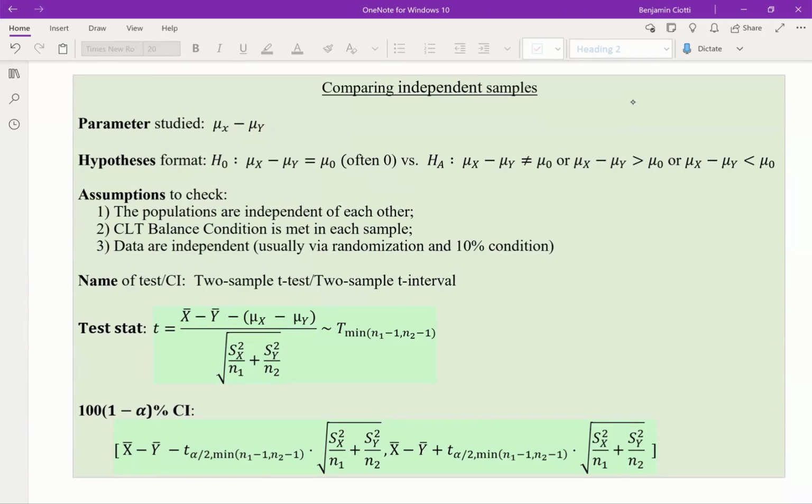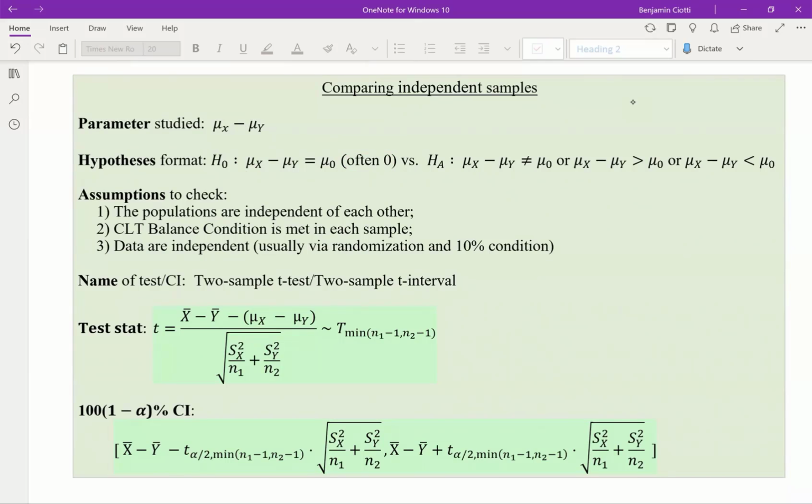So in summary, when we're comparing independent samples and trying to do inference on the difference of the population means, we will do a two-sample t-test if we're doing a hypothesis test, or we'll form the two-sample t-interval if we're forming a confidence interval. Our hypothesis format will be that the difference in the population means is some number, which is usually 0.